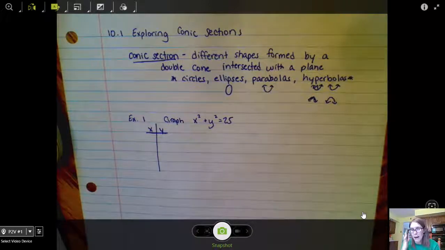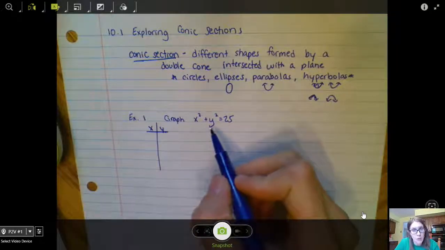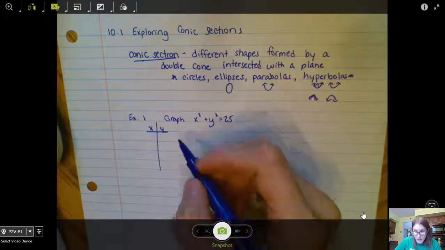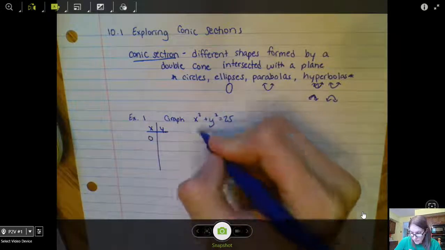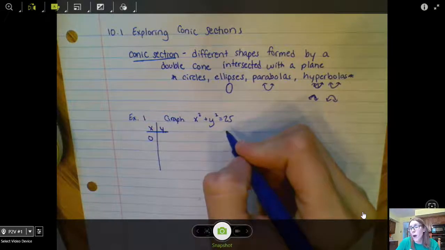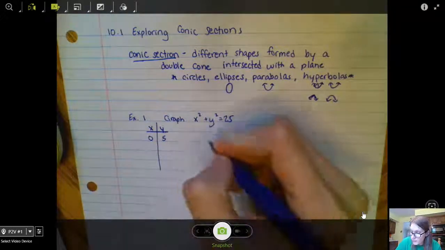And I want to find some x and y values that would fit nicely with my x squared plus y squared equals 25. I noticed right away, if x was 0, 0 squared plus y squared is 25. Well, if y was 5, that works.